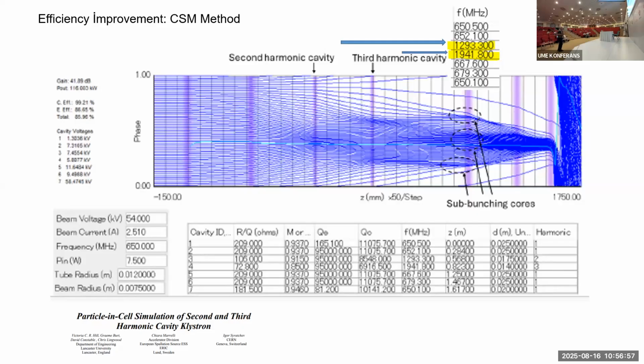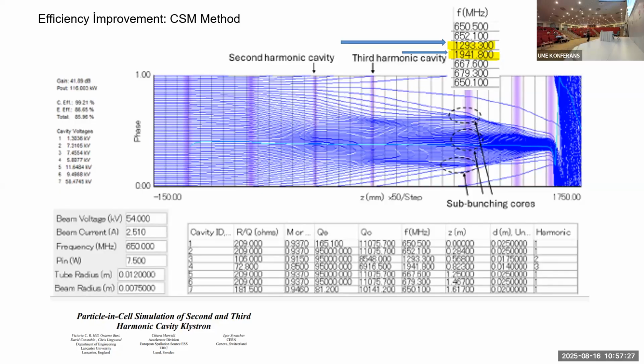And let's see if there are any dimensions in here. Diameter. So in meters, it's 25 centimeters. It's 14 centimeters. And then the others between these. So the harmonic cavities: the second harmonic, the third harmonic, and the smaller one.